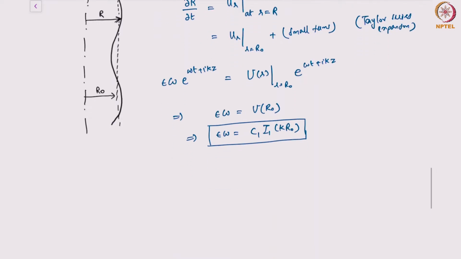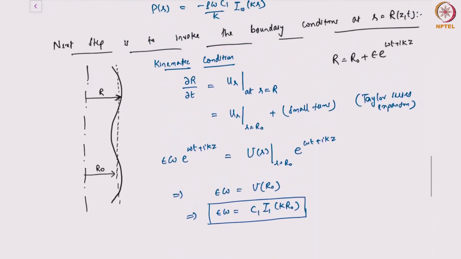That's the first condition. The kinematic condition is just a geometrical condition. It says that if the radius is bulging out, you need to have fluid filling in that void. Fluid has to be pushing in at the interface to bulge out. At the same time, if the radius is actually shrinking, it's squeezing at some z location, the fluid has to move away and give space for the interface to shrink.